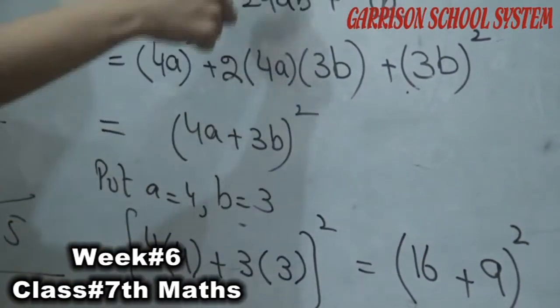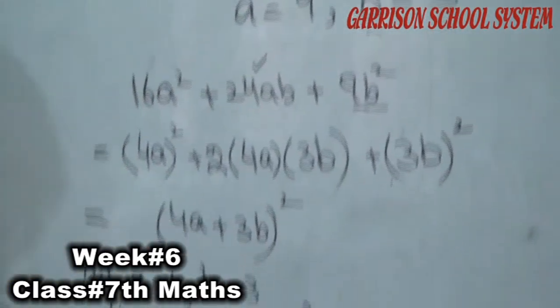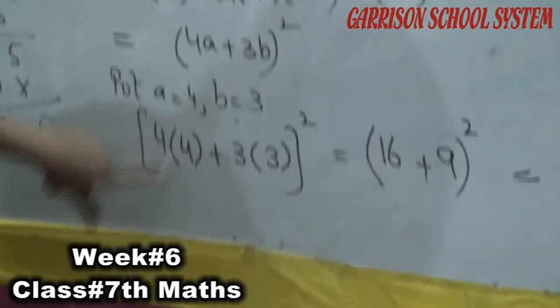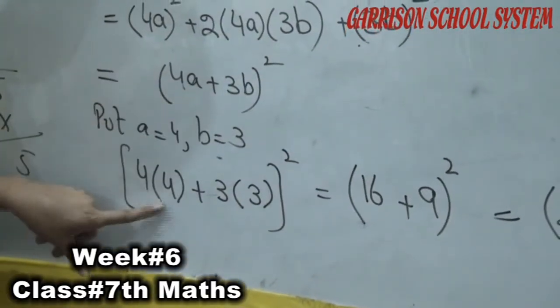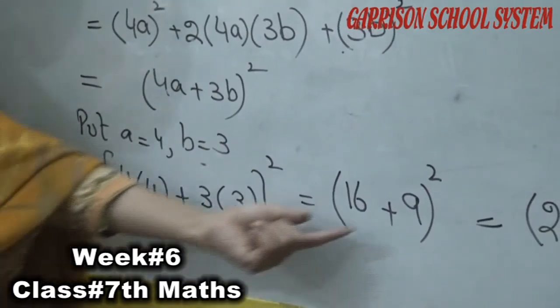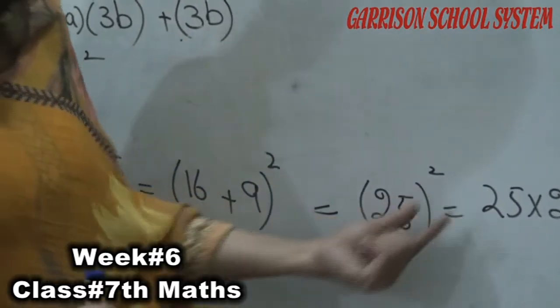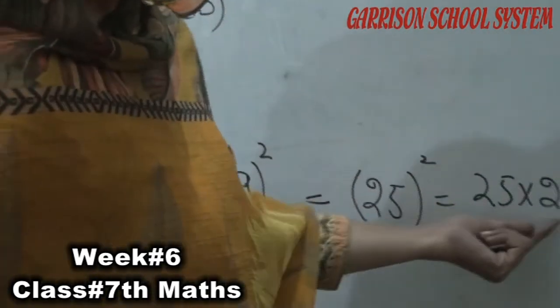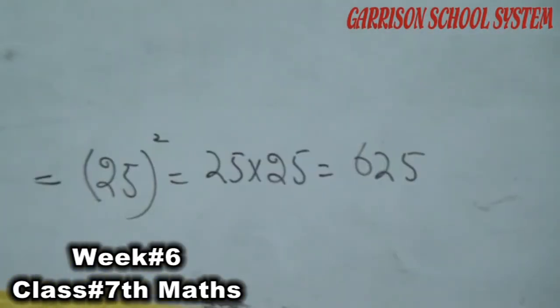Then I will put the values of a and b which are given in the question. A is equal to 4 and b is equal to 3. 4 4s are 16 plus 3 3s are 9. 16 plus 9 whole square is equal to 25 whole square. 25 whole square means 25 multiplied by 25, that is equal to 625.